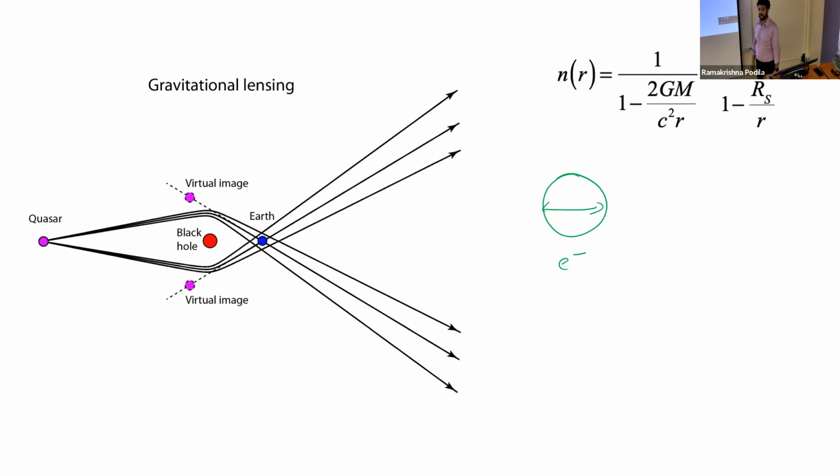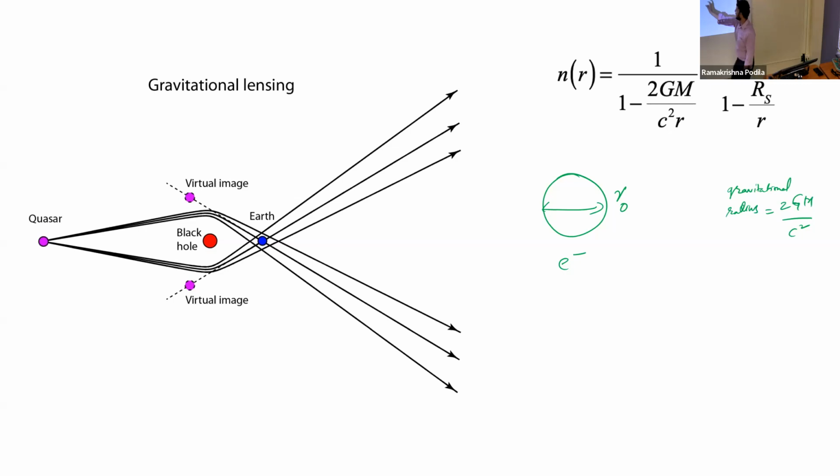So there is a radius of the object itself, and then there is another thing called the gravitational radius, or the Schwarzschild radius, which is given by something like 2GM by c squared, where G is the gravitational constant, M is the mass, c is the speed of light.